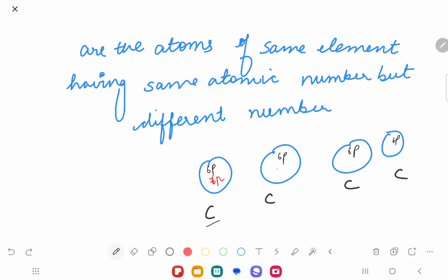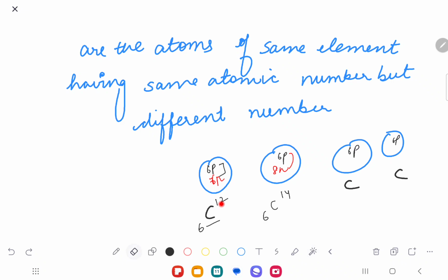Some carbon nucleus consists of 8 neutrons. So the one which consists of 8 neutrons, the overall mass becomes 14. And where the neutrons are 6, the overall mass becomes 12. So we can say that in nature, we have two different types of carbon atoms, one heavier nucleus and one lighter nucleus.